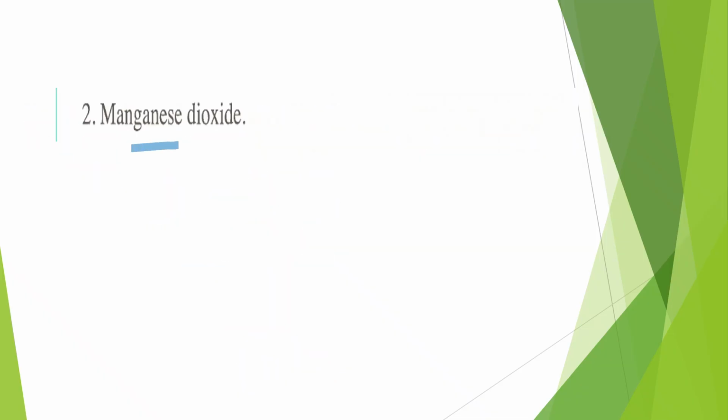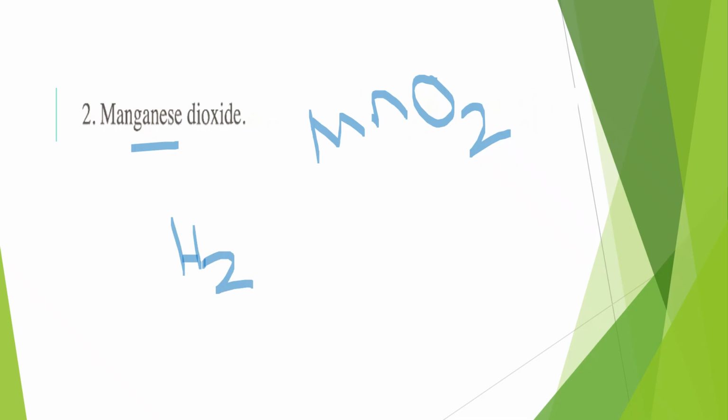Manganese dioxide, MnO2. Manganese dioxide is a catalyst in the decomposition of hydrogen peroxide into oxygen and water. It can speed up the reaction or even slow it down. So it is a catalyst in this reaction. We have hydrogen peroxide, which is H2O2, and we also call it oxygen water.